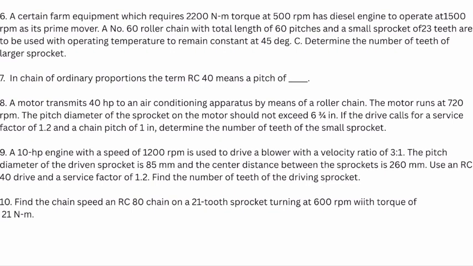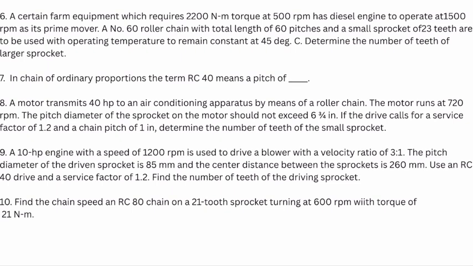Number 7. A chain of ordinary proportions. The term RC40 means a pitch of what? Number 8. A motor transmits 40 horsepower to an air conditioning apparatus by means of a roller chain.